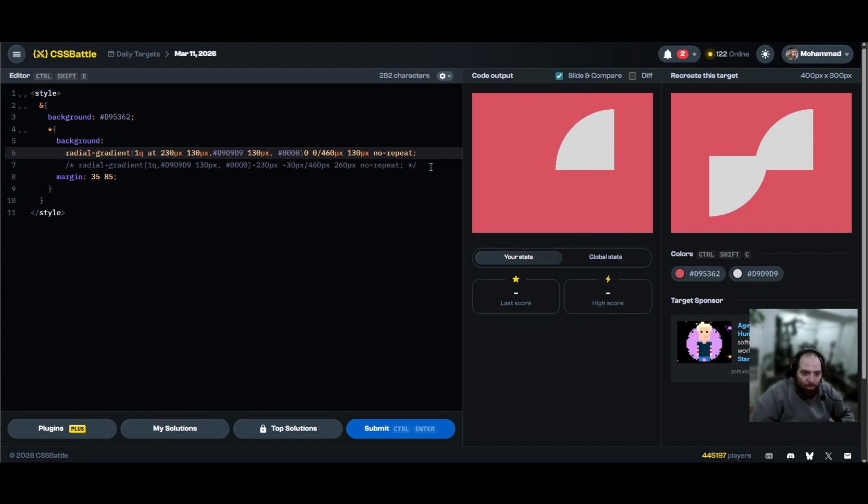Okay, so now instead of 230, we're gonna put it 0. And then 130 will be 160, 160px. Well, it goes 6px.